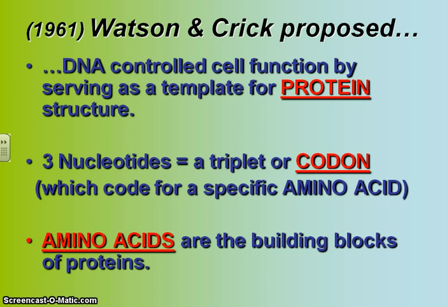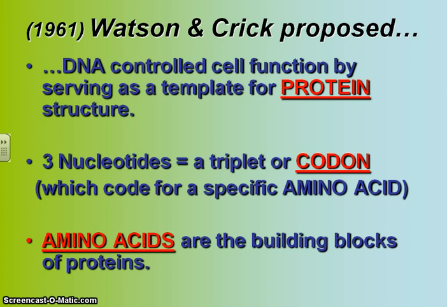So do not be confused about the difference between nucleic acids and amino acids. Nucleic acids are the building blocks of DNA, deoxyribonucleic acid. Amino acids are what the DNA is coding for, those triplets, those codons.